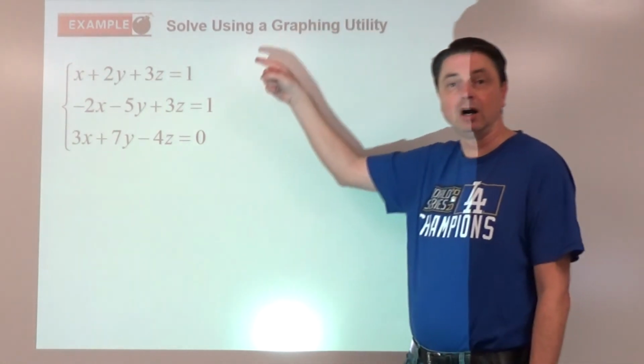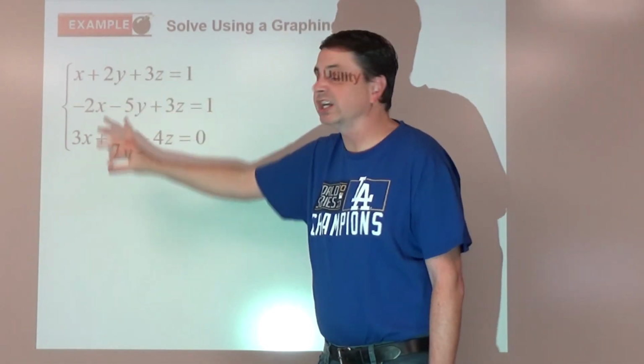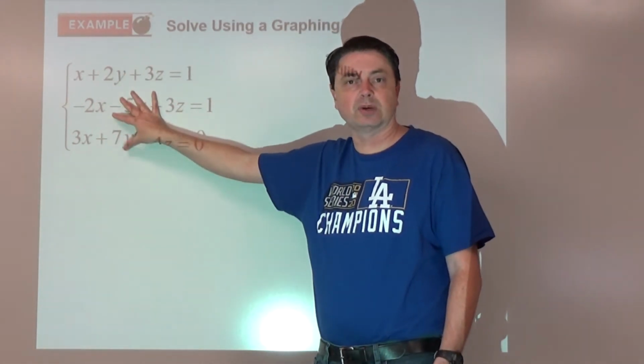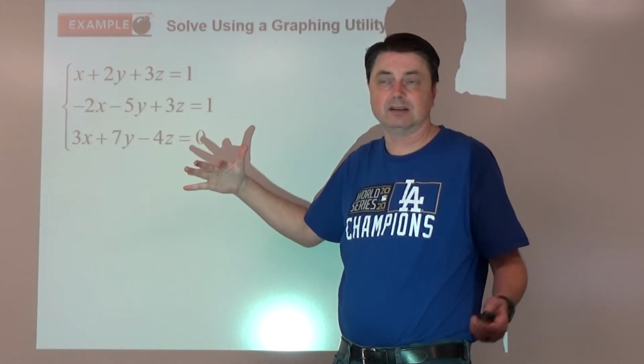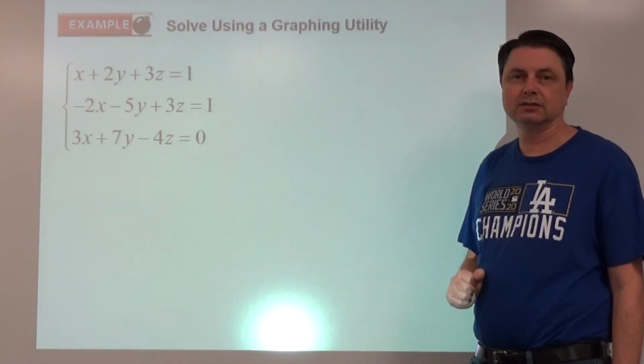Example, the bomb. Let's solve a system of equations, a little bit larger one, a 3 by 3, but it really doesn't matter how big it is, using a graphing calculator.